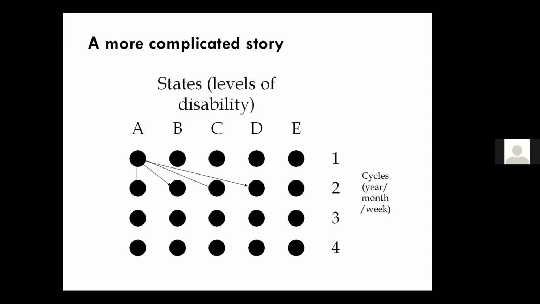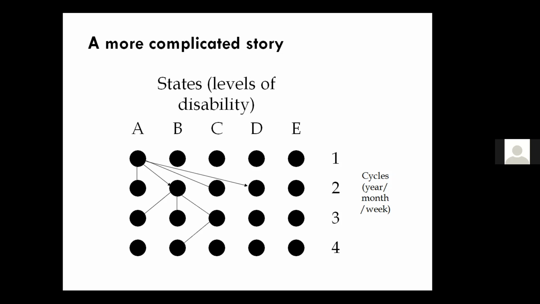It may happen, or maybe C level, or maybe B level, or may remain A level. Similarly, from B in the second year or second week, some people will recover and go back to A level. Some people will remain at B. Some people will go to C.